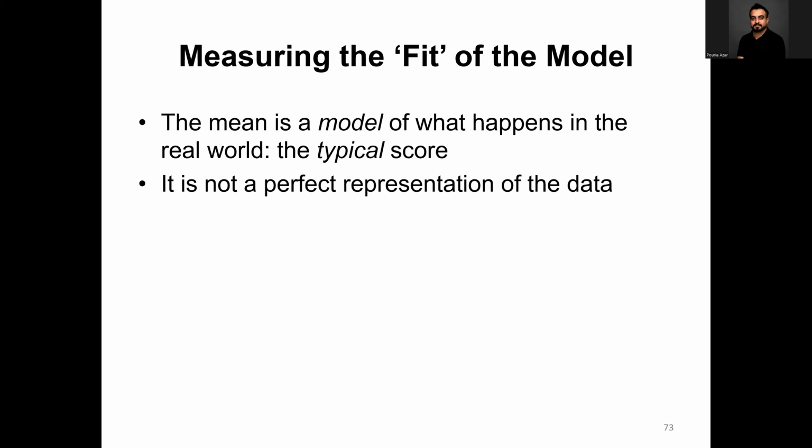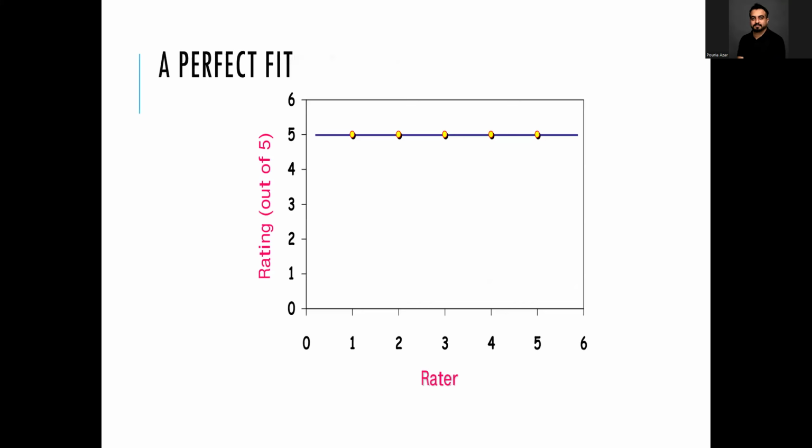So the mean is not a perfect representation of the data. Remember that, because if our data is skewed, the mean is not the best value representing our data. So this is a perfect fit, but this is not happening in the real world, unfortunately.